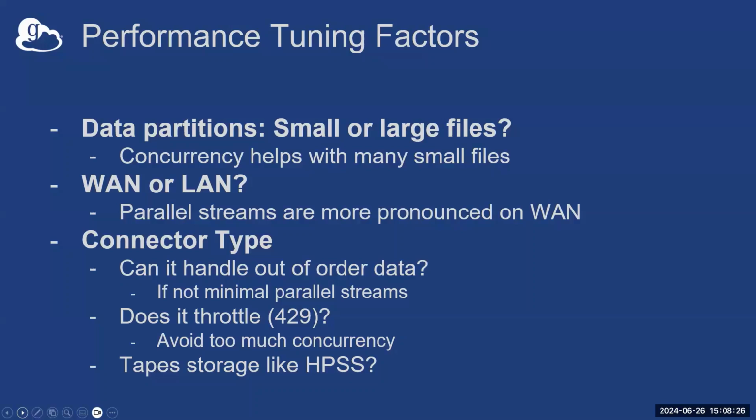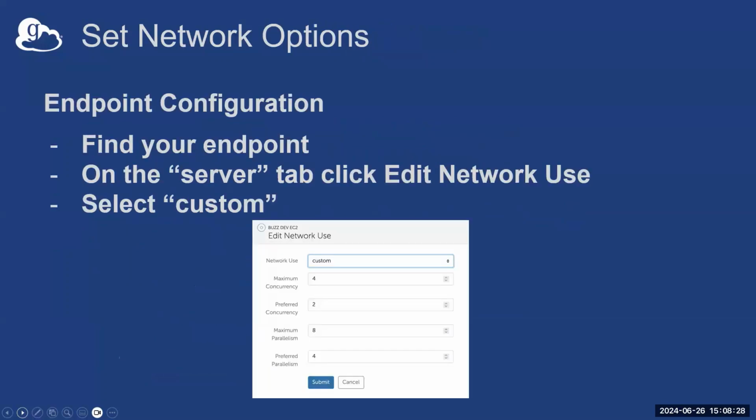So you can set these options, our two main things of concurrency and parallelism, on the endpoint. Again, remembering endpoints have associated with them storage gateways and data nodes. Each data node can have multiple storage gateways. Storage gateways are the connector type effectively. So one endpoint could have S3, Google Drive, HPSS, and POSIX.